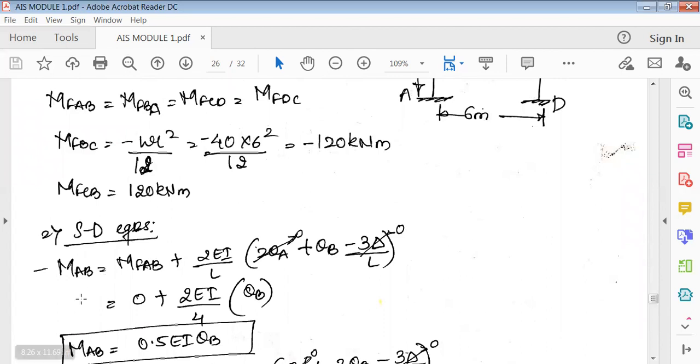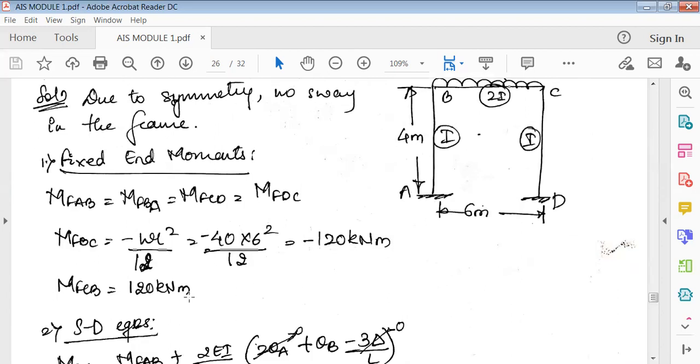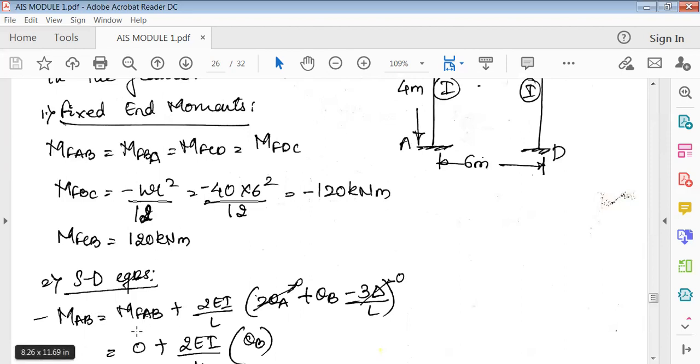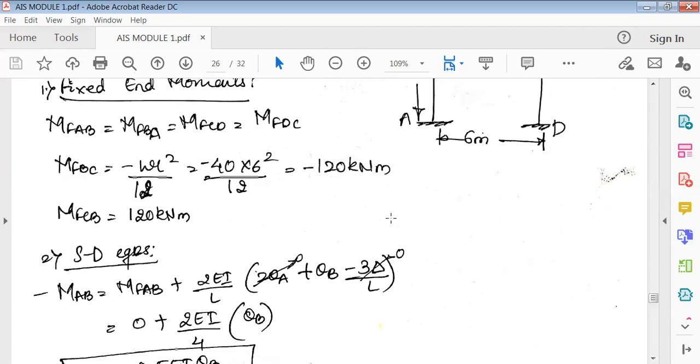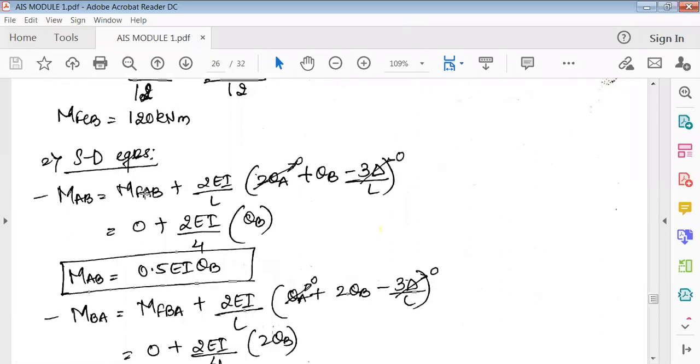Slope deflection equation: MAB is equal to MFAB plus 2EI by L, then 2 times theta, because A is the first member, 2 times theta A plus theta B minus 3 delta by L. After writing this formula, MFAB we have already found out is 0 because there is no load here.